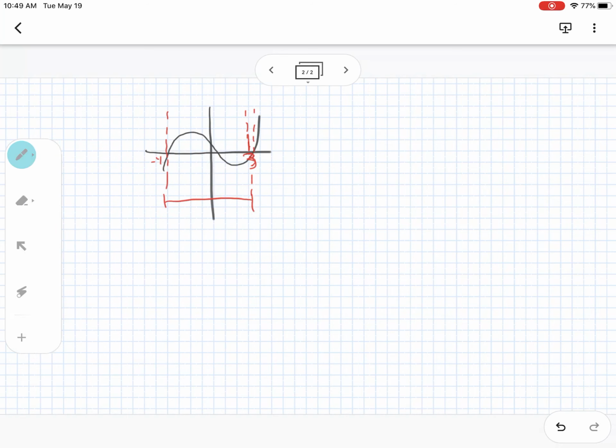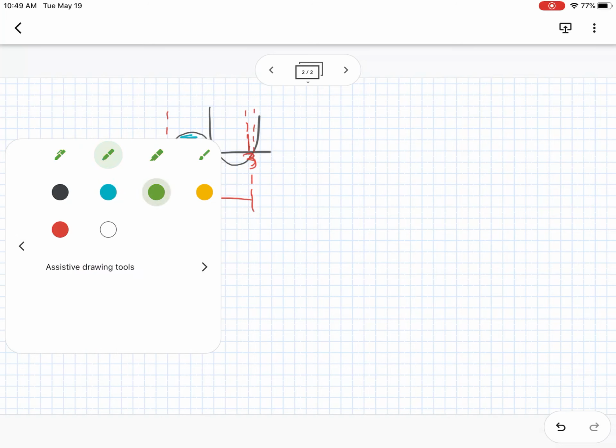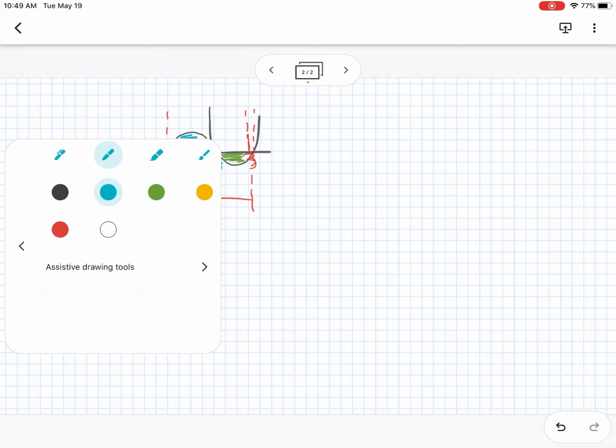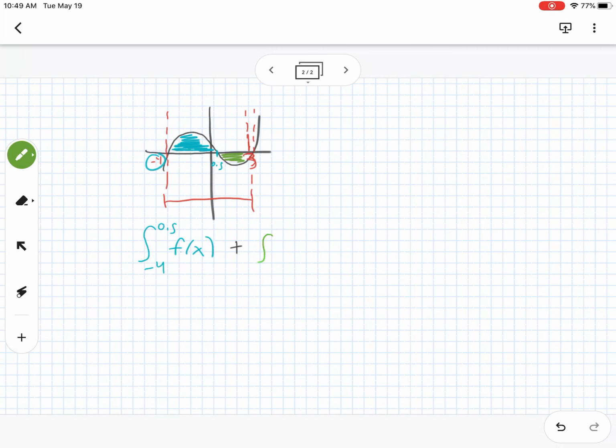The issue when you graph it is that you see this part is above the x-axis and this part is below the x-axis. And if that's the case, you'd have to have two separate integrals, one for this function and then also add it to the other integral.